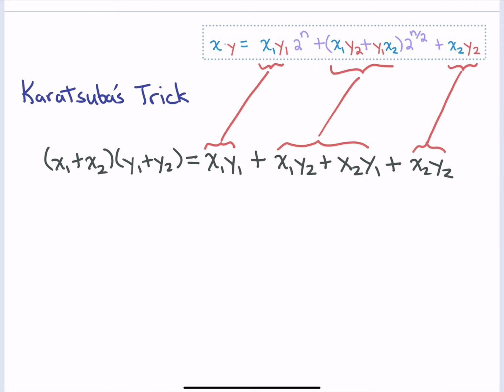I think you're thinking the right thing. So how about this? I'm saying that we only need 3 multiplications, so tell me which 3 things I should multiply. Sorry, you said x1, y1? Okay, what's the first multiplication?